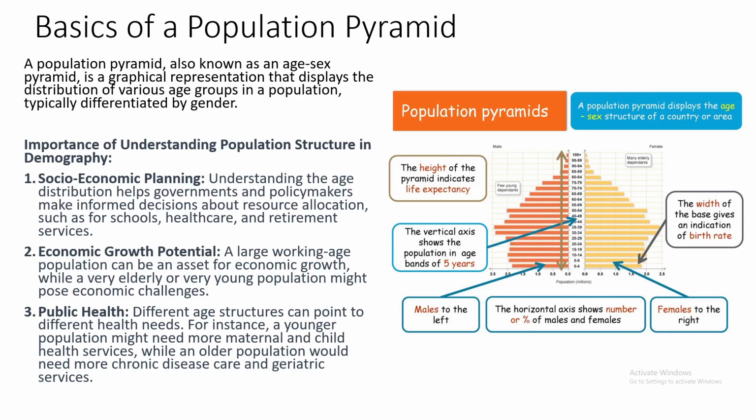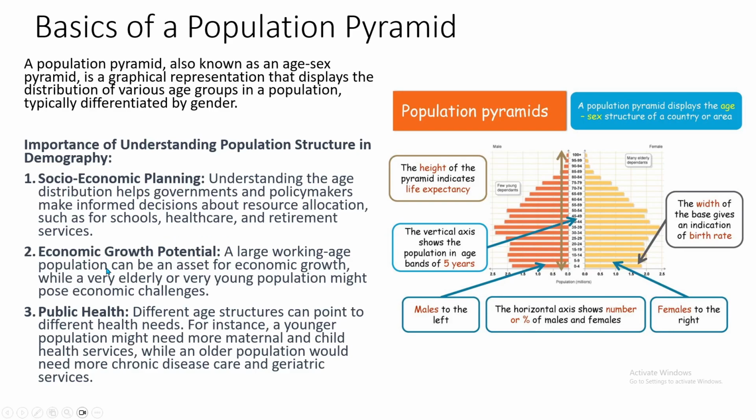Well, Pimpama likely needs more schools. If we look at areas such as the Northern Rivers, the Tweed area, they'll see that there is a very old population. What does that tell policymakers? Well, it tells them that they need more healthcare facilities and retirement services. So that's one of the reasons we look at population pyramids and structure.